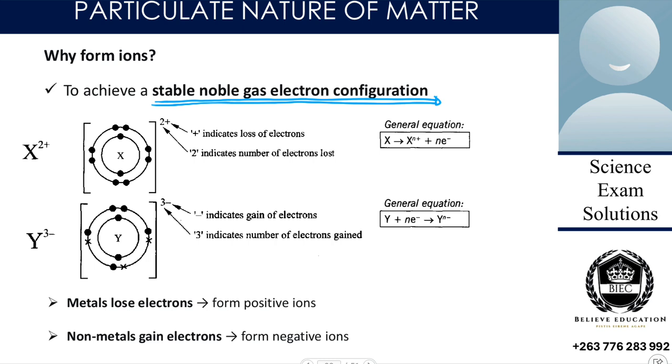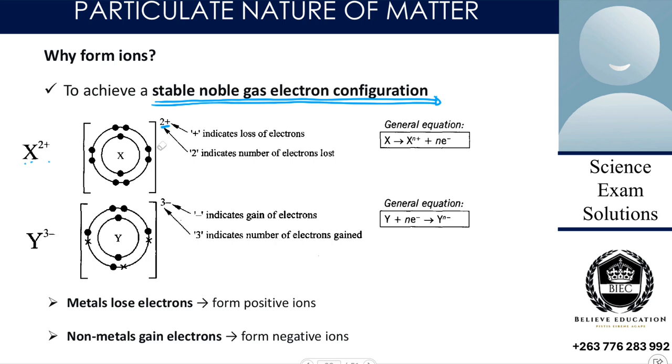Are we together? So for example, you have this X2 plus ion. This X2 plus ion means it lost 2 electrons. Are we together? So initially those 2 electrons were there in the atom, then they were lost.